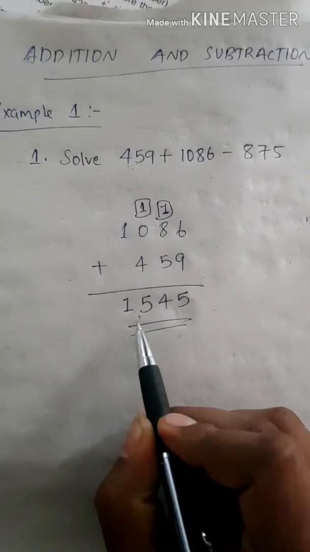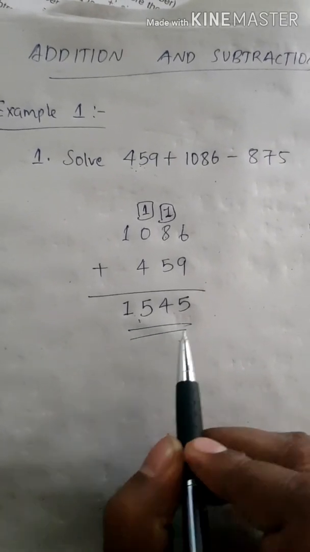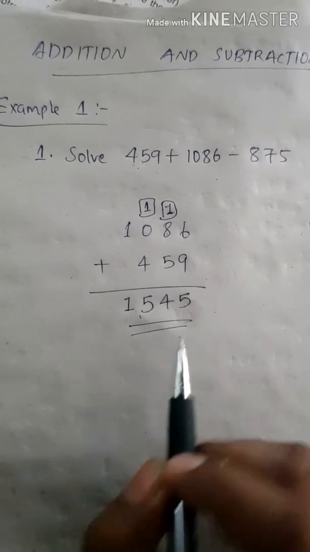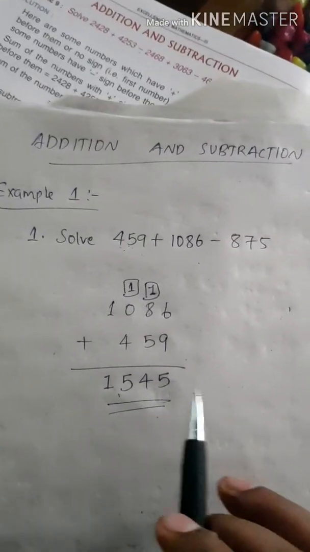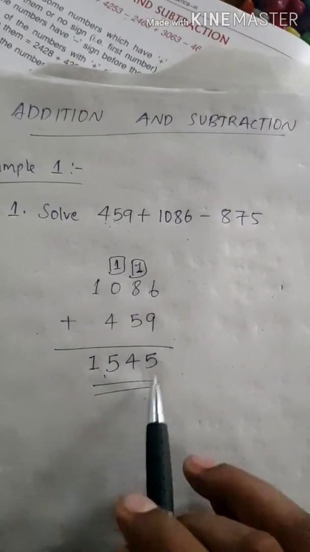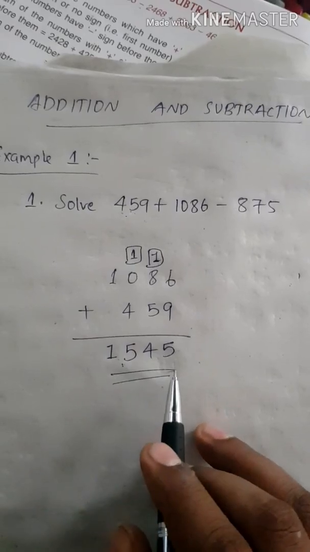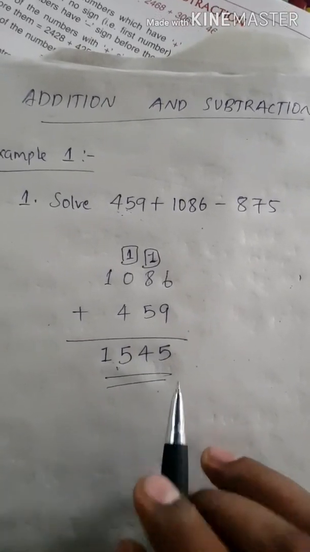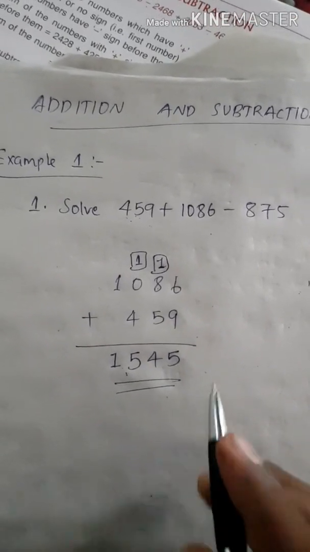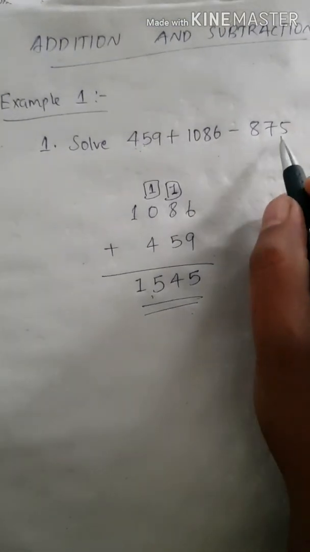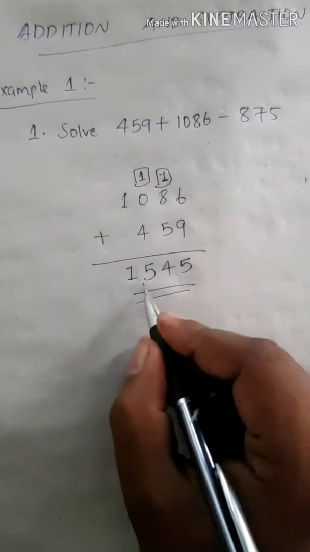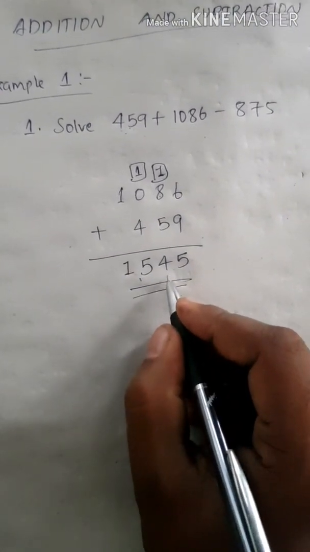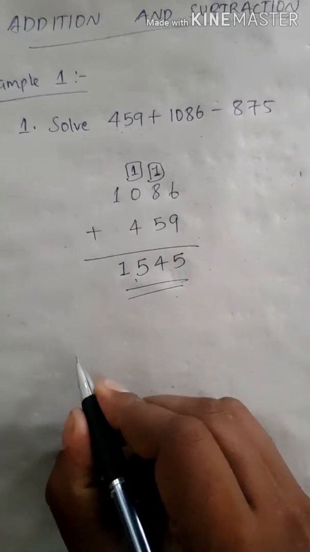Here this one is the sum. 1545 is the sum. So you take the sum, that is 1545. Then you subtract 875 from 1545.